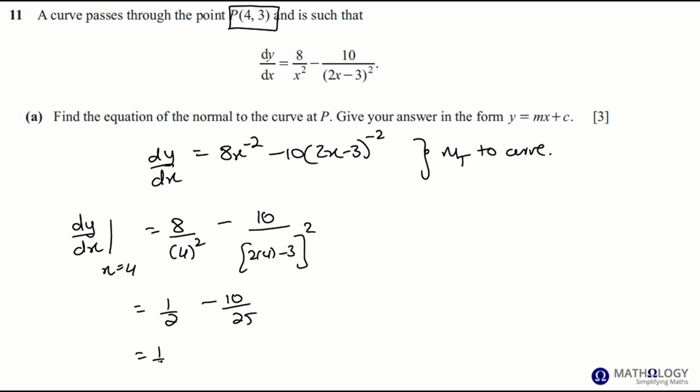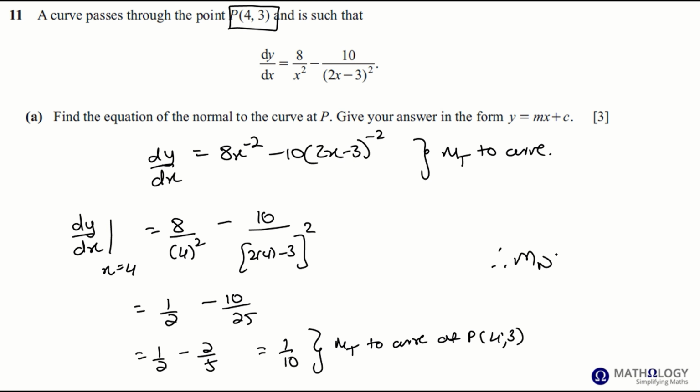So it's going to be a half minus 2 over 5. This now represents the gradient of the tangent to the curve at the point P(4, 3).